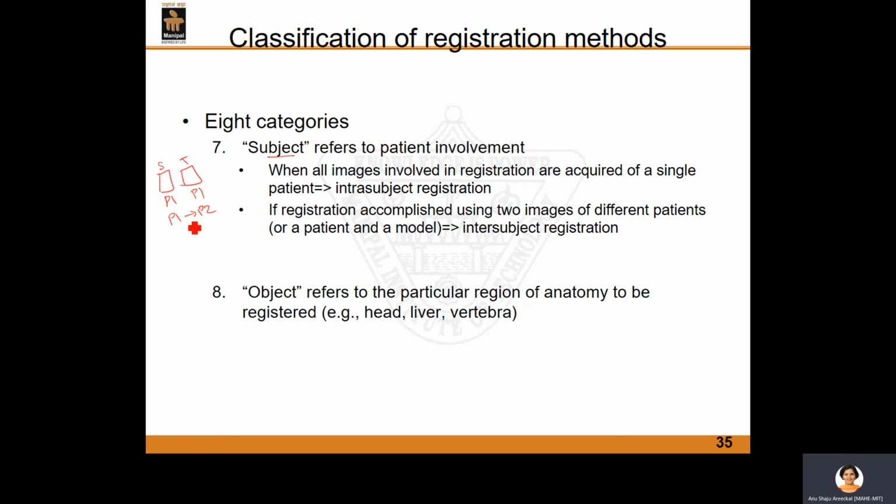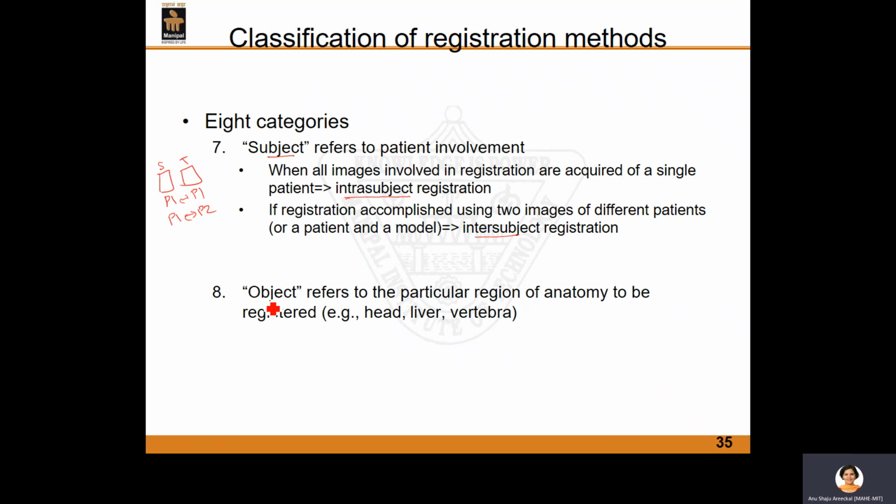There may be a need where you might have to register the images of different patients, or sometimes it is the same patient. So you can call it intra-subject registration if the images that you're considering come from the same patient. If it is from different patients, you can call it inter-subject registration.